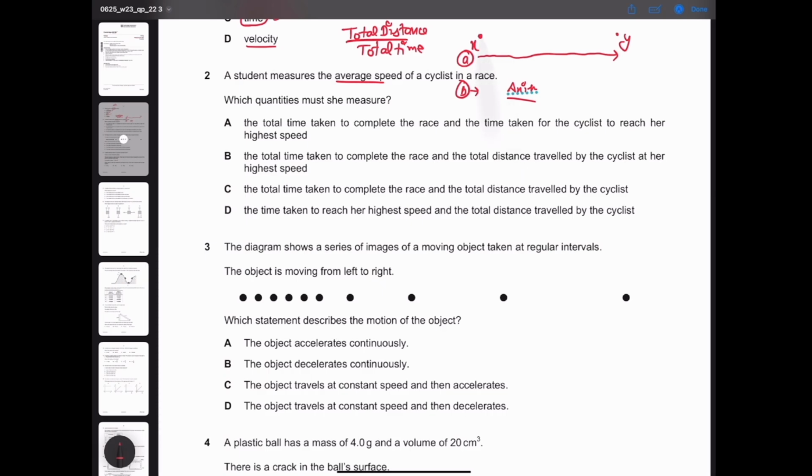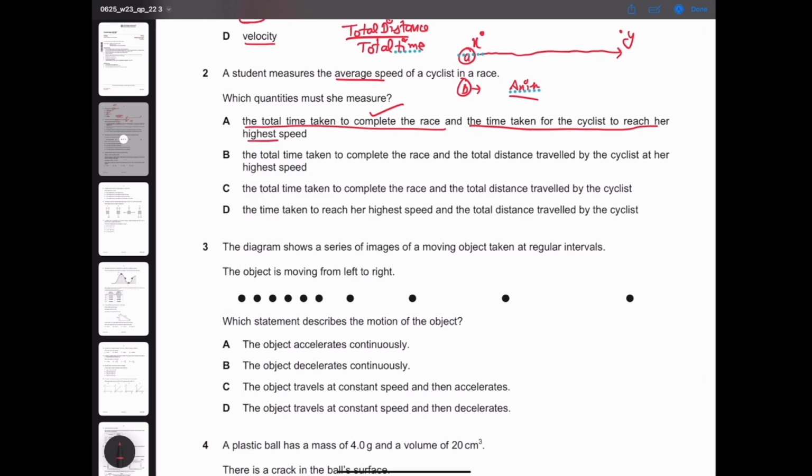Since you are going from X to Y, the total distance is fixed, but the time taken by you is variable. So everything will be counted: total time and total distance. Total time taken to complete the race, correct. The time taken for the cyclist to reach a higher speed? Why does this matter? It's not necessary.